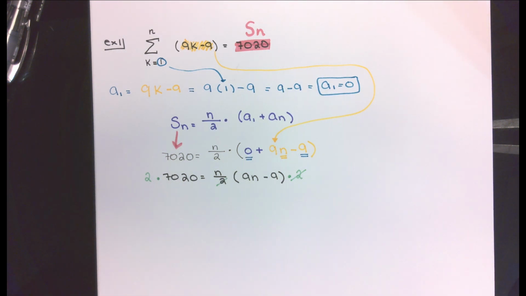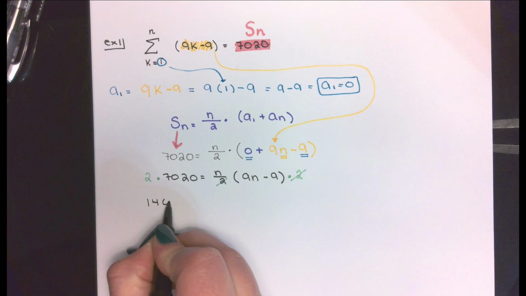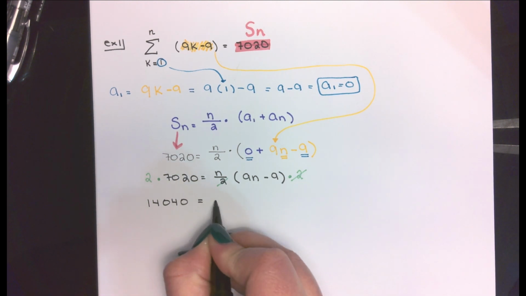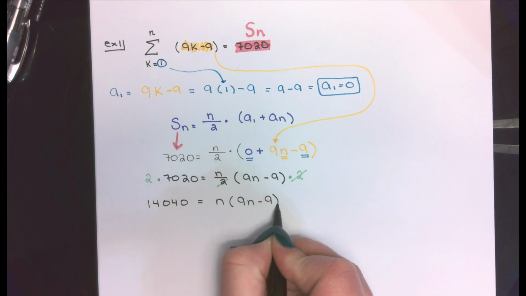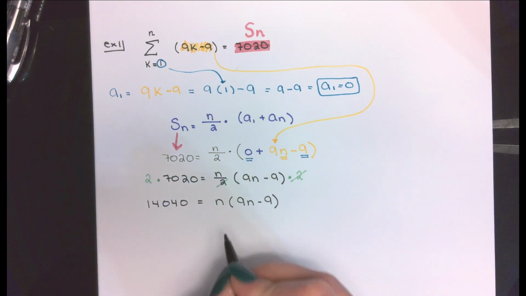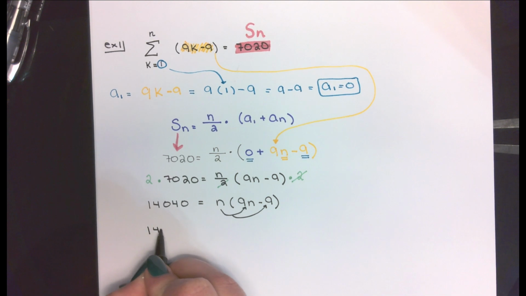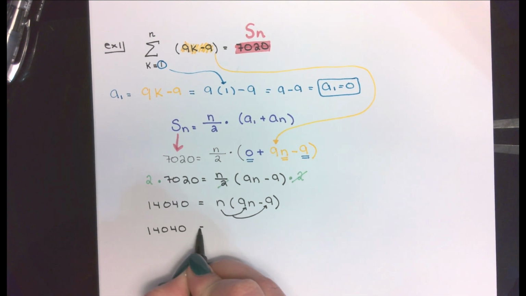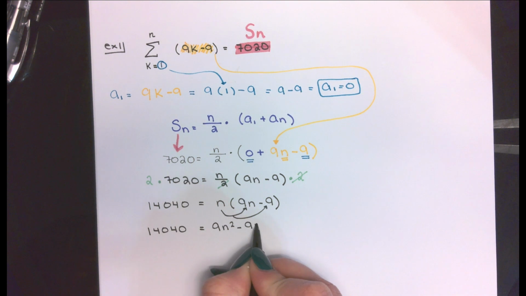We are now left with 7,020 times 2, which is 14,040, is equal to n times 9n minus 9. And we're going to now distribute that n. We got 14,040 is equal to 9n squared minus 9n.